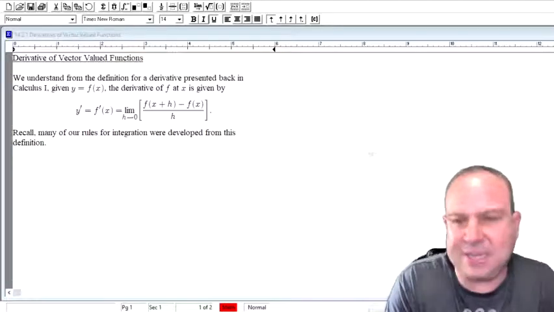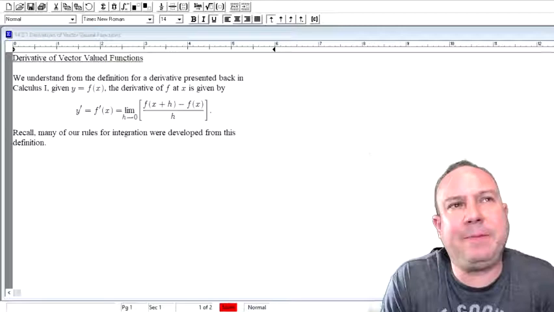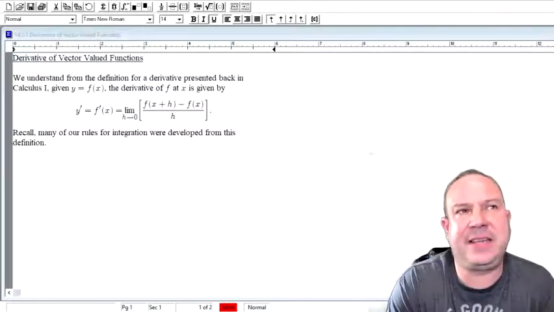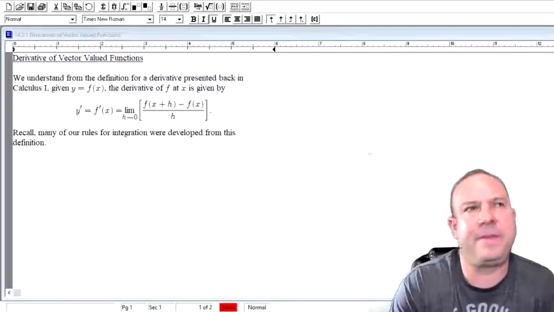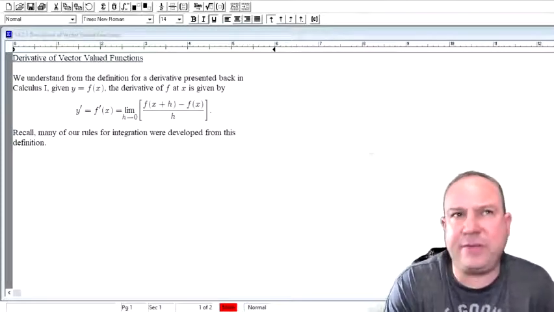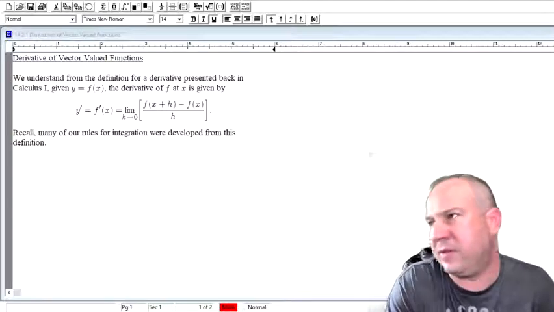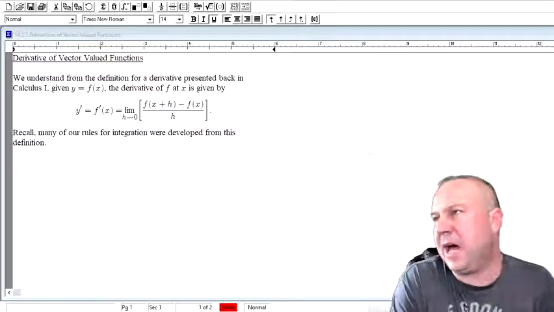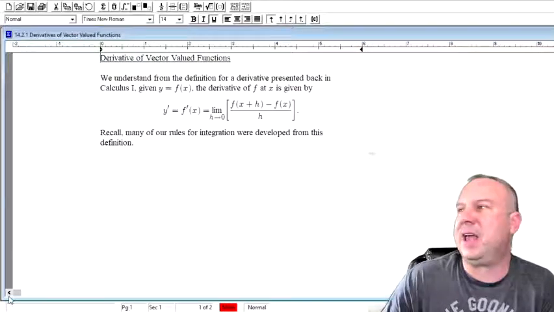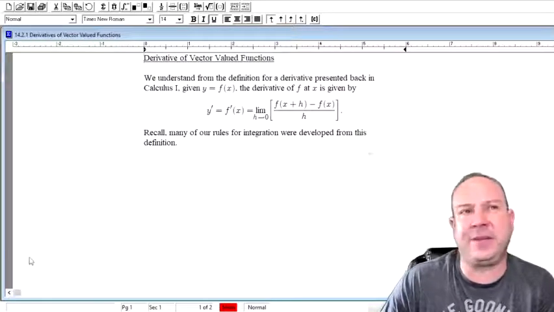Calculus is the study of limits. This idea of a limit is with us in the concept of the derivative, and we saw this limit develop into the derivative through the definition of the derivative. That's what I have up here to begin with, to help us recall what we currently understand.